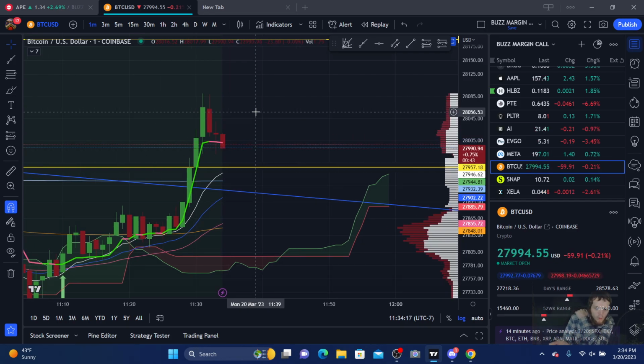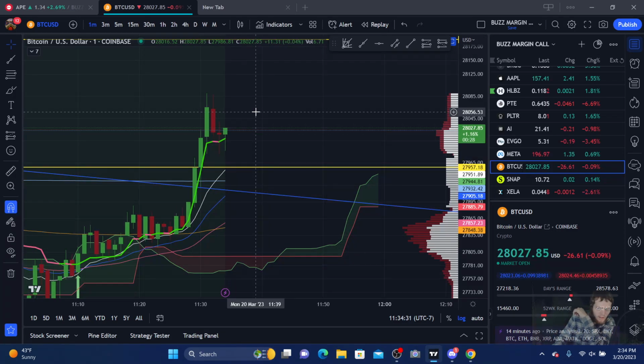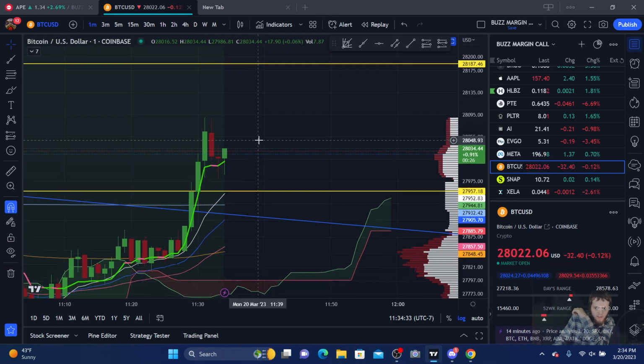Other than like a level 2, are there any standard indicators on TradingView that you think I should have that I currently do not have, or do you think that I'm overkill and I should take some off?